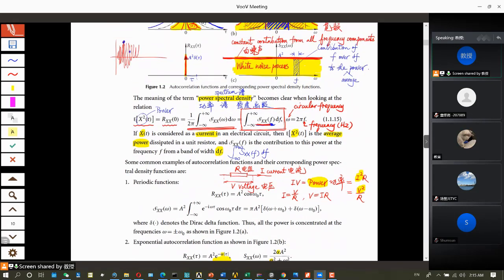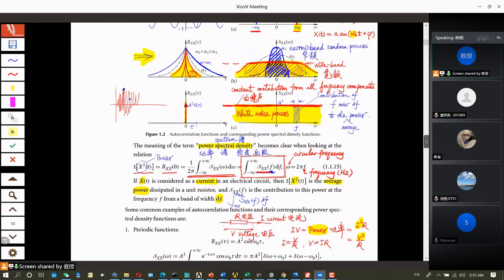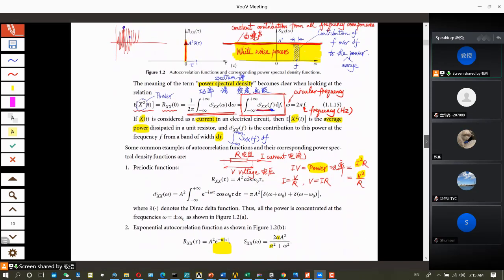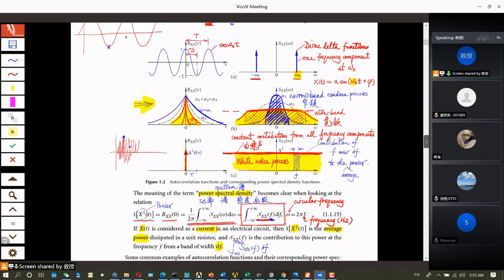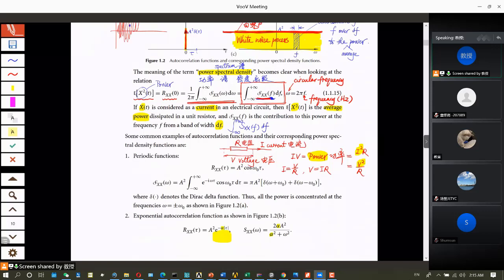So the larger the value of alpha, the narrower the correlation function, the wider the frequency band. Basically, the bounded noise is the combination of a harmonic function and an exponential correlation function.